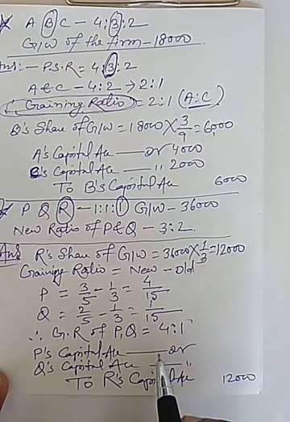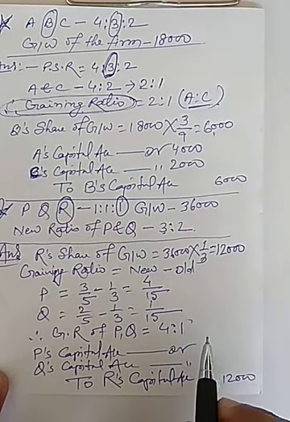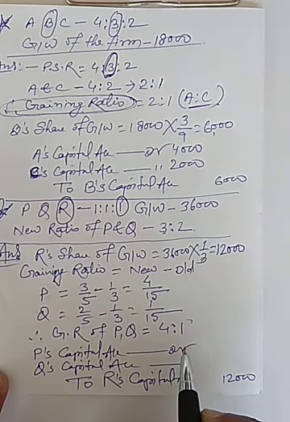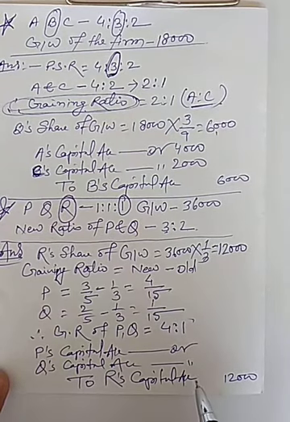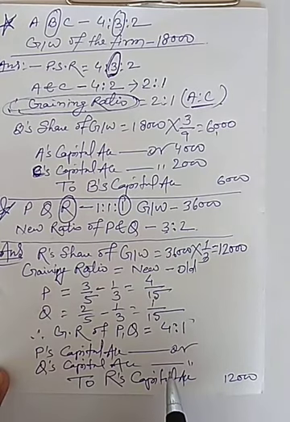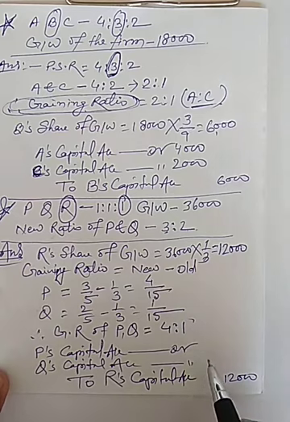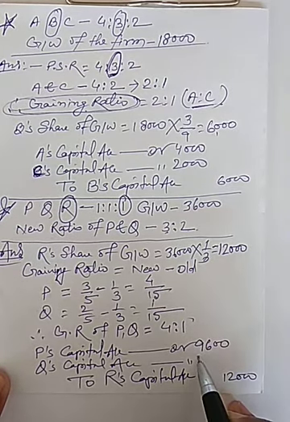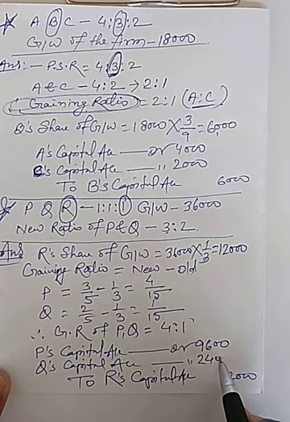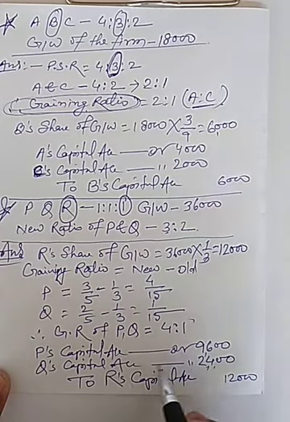As in the admission chapter we distributed in the sacrificing ratio, in this chapter it will always be distributed in the gaining ratio. So it will be 9,600 and 2,400.